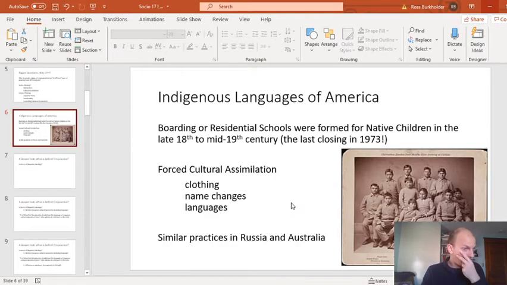This practice was seen by Western culture in the United States, by the American government, as improvement. God, that's just foul even to say out loud, that this was improving. This traumatic experience that we were forcing upon children in the United States was improvement.